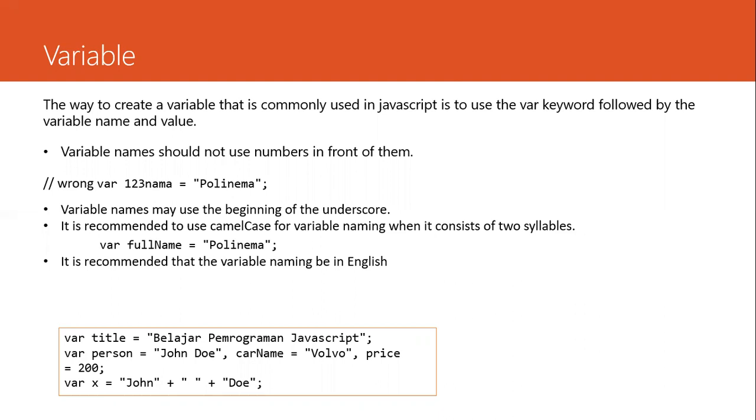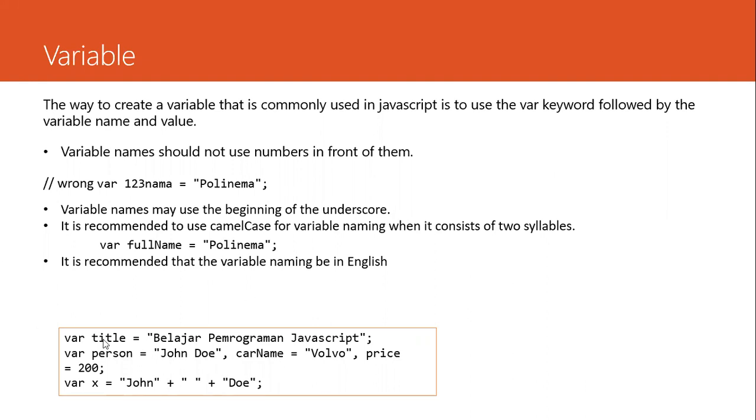So the name of the variable is title, and then we can give the value of the variable. The value of the variable title is "belajar", which is Indonesian. The meaning is learning JavaScript programming. And for the second variable, I have a variable named person, and the value is John Doe.